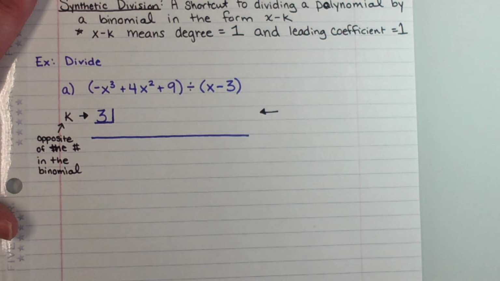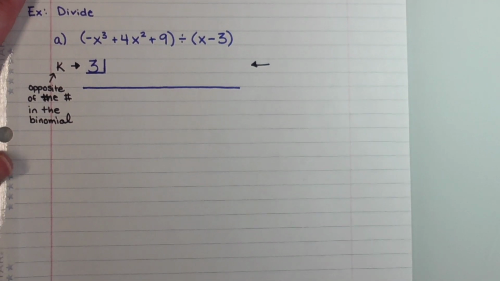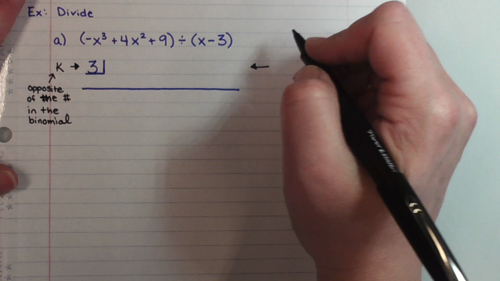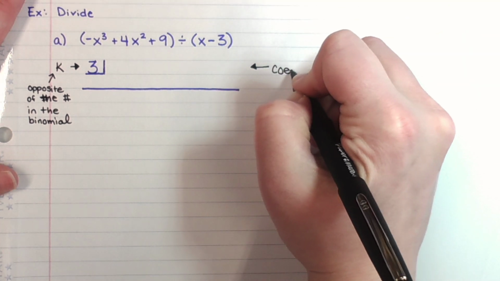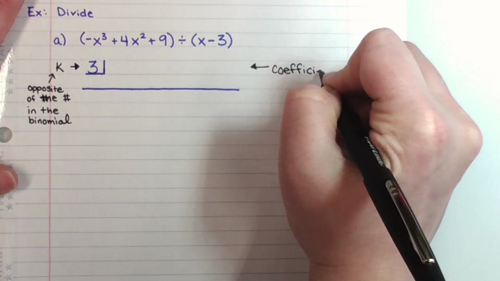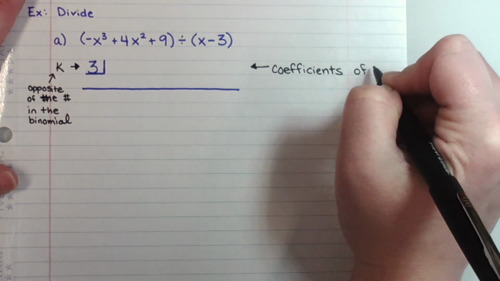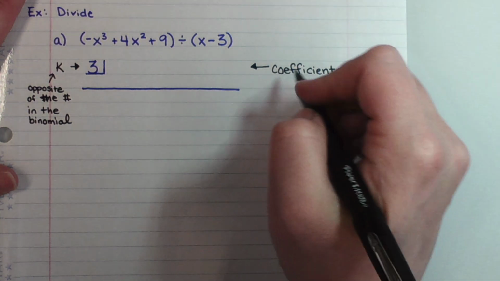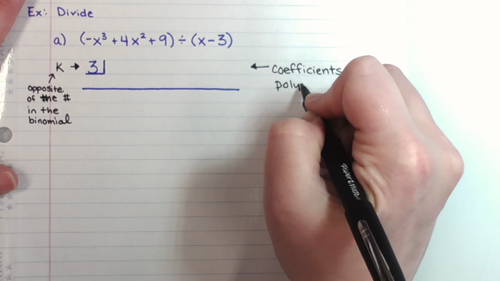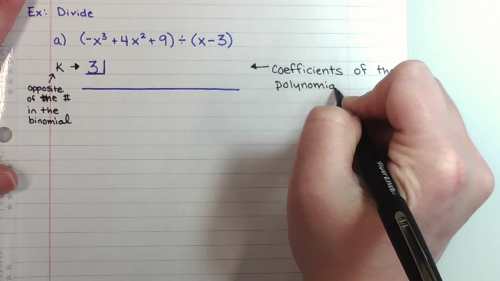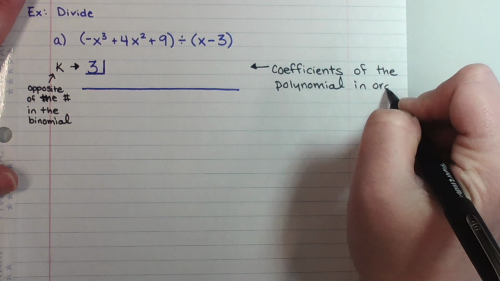And then across the top here, to the right of that little mini box, you are going to have the coefficients of the polynomial in order.